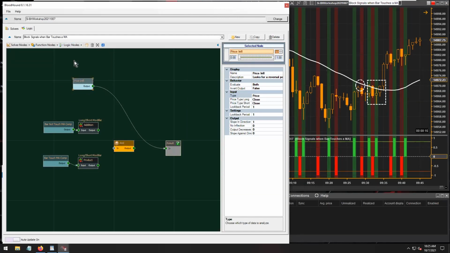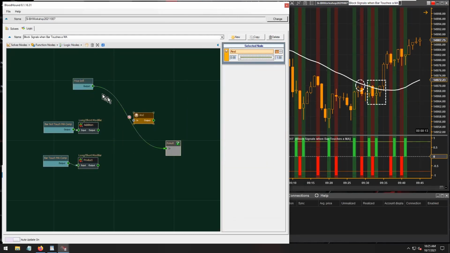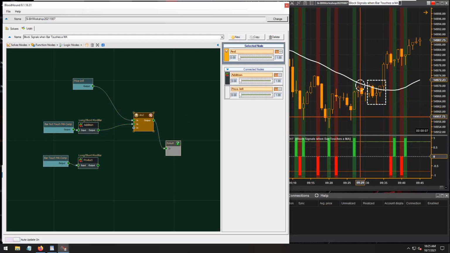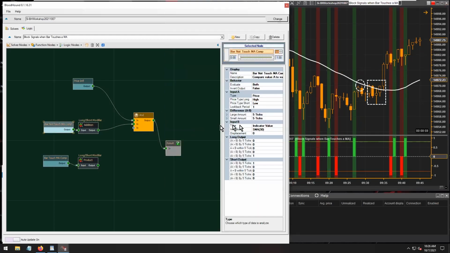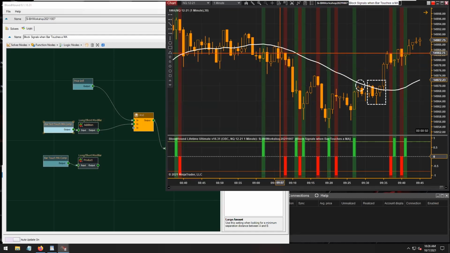And so with an AND node, right, I can connect that into an AND node. And if I connect that in, right, there we go. So now we have signals when price is, let's see, what do we got here? Yeah, so when price is at least 5 ticks away from that moving average, a signal can get through.